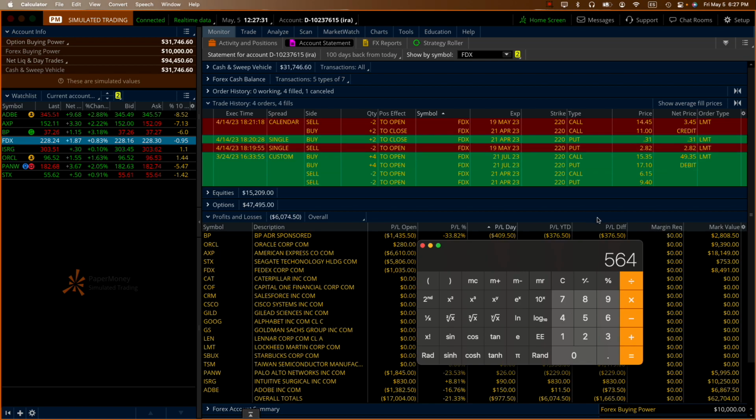Obviously, I bought puts. This is the price right now, but we are going to add 31 cents times 200. Okay, so we're going to add to the price. And that's my current price.